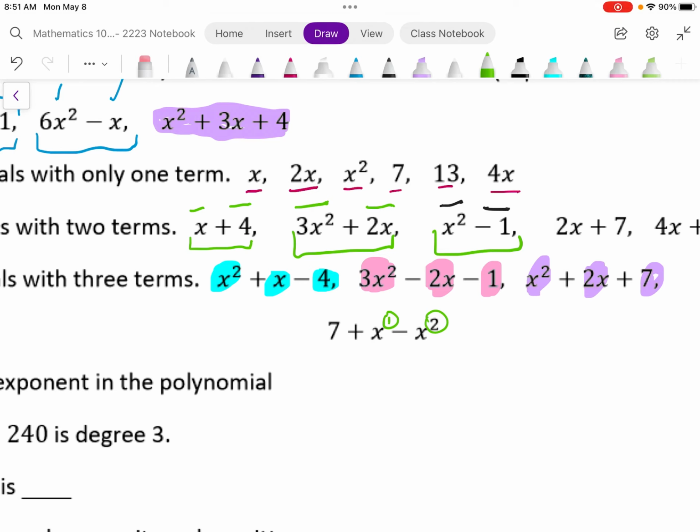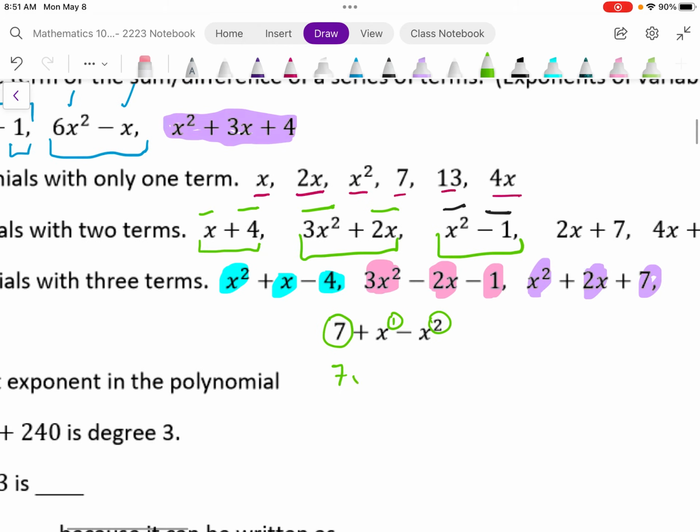Remember that the exponent really signifies how many factors of that variable there are. Now 7, does 7 have an exponent? Well, I'm just going to rewrite this as 7x to the power of 0 plus x to the power of 1 minus x squared. Now recall that anything to the power of 0 is 1. So x to the power of 0 is 1, so 7 times 1 is 7. And what we notice is that all my exponents are indeed whole numbers.